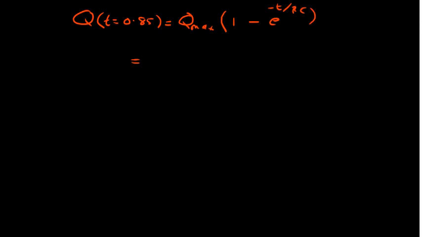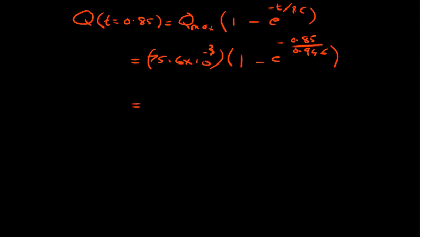Now, if we're replacing the values, I have the Q max, it's 75.6 10 to the power minus 3, and here is 1 minus exponential minus 0.85 over 0.946. All you need to do is to plug these values into your calculator and do the math. Let's find first the exponential value.